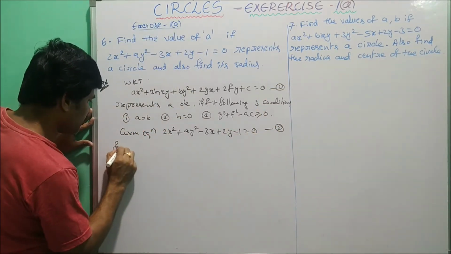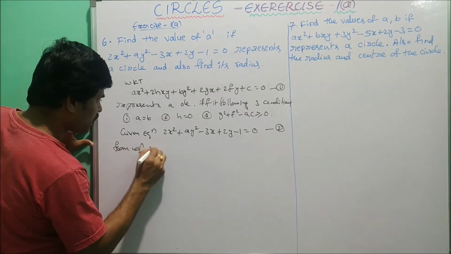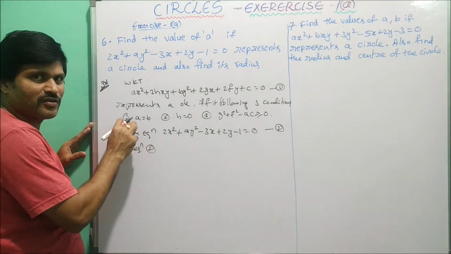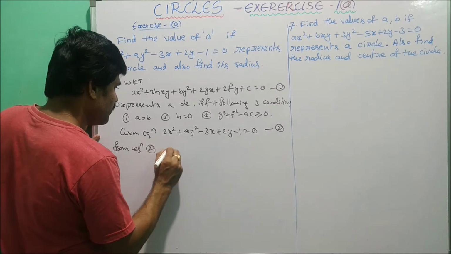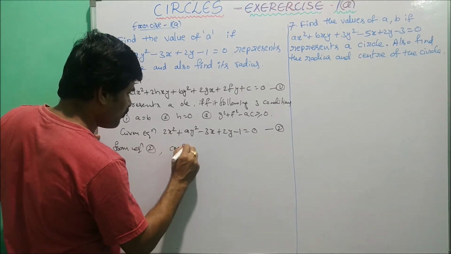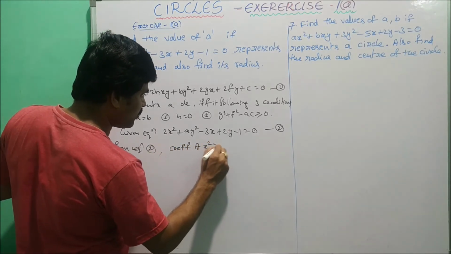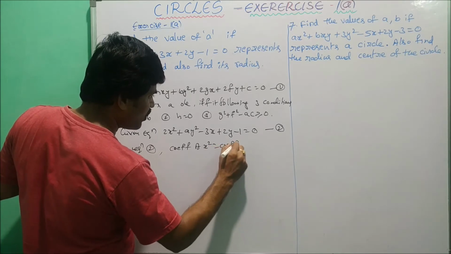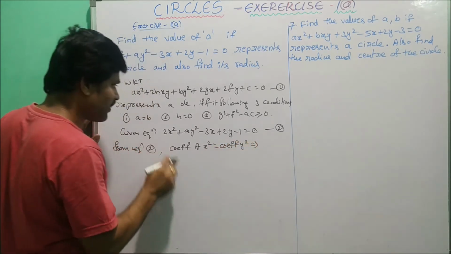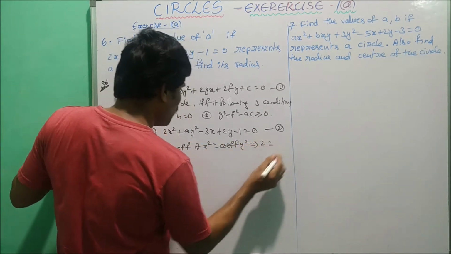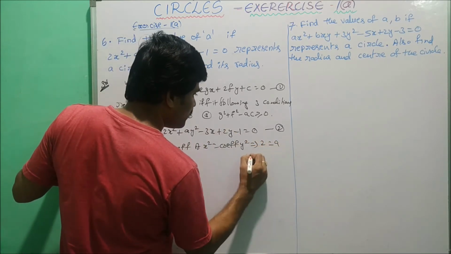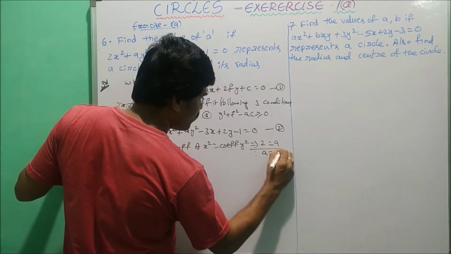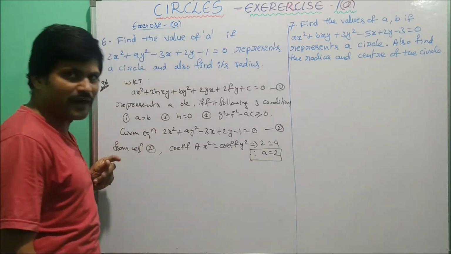From equation 2, the first condition is a equals b. So the coefficient of x² equals the coefficient of y². Which implies the coefficient of x² is 2, the coefficient of y² is a. Therefore a equals 2. This is the value of a.